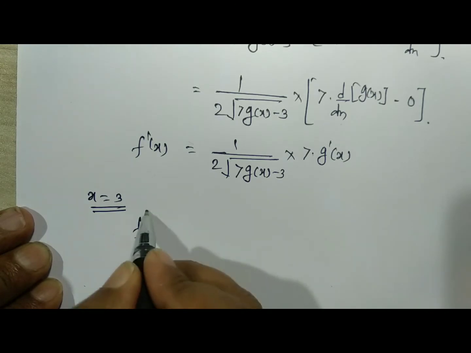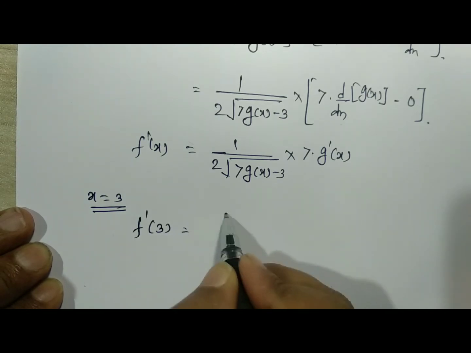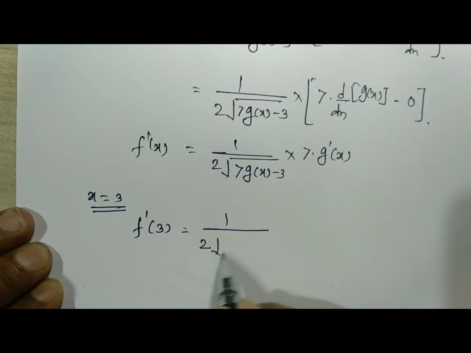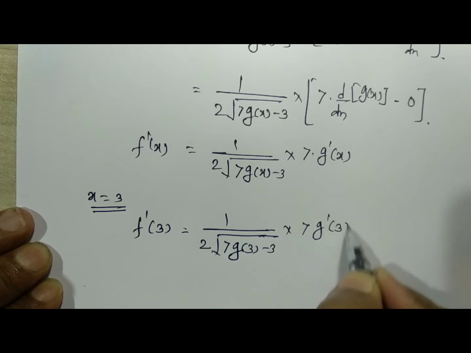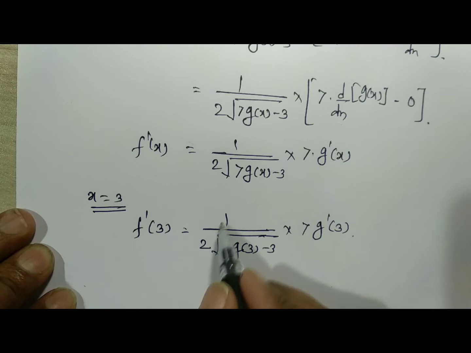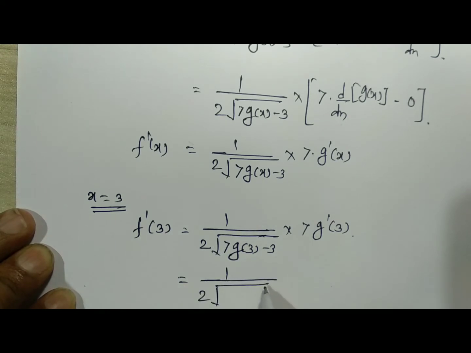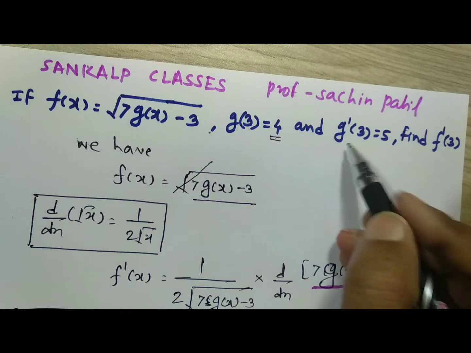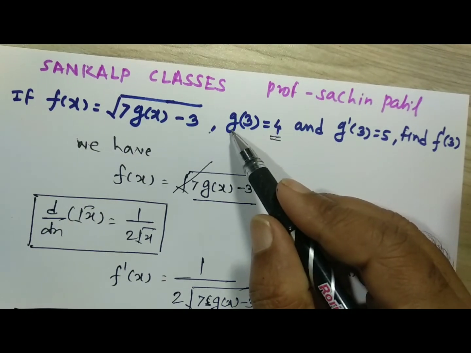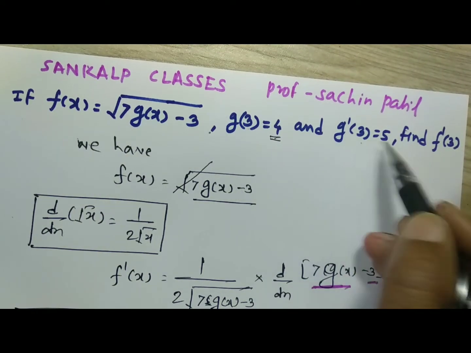You will get f dash 3 is equal to 1 divided by 2 root of 7g of 3 minus 3 into 7g dash 3, and we know the values of g of 3 and g dash 3. G of 3 is equal to 4, and g dash 3 is equal to 5.